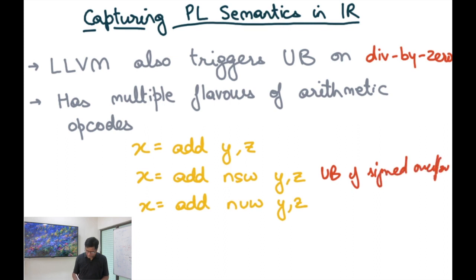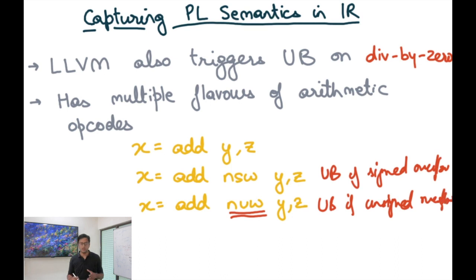The other nice thing about LLVM is that it also gives an unsigned overflow variant of this instruction. This is NUW, no unsigned overflow, and that is UB if unsigned overflow. Recall that in C there is no notion of NUW; C only supports signed integer overflow UB.